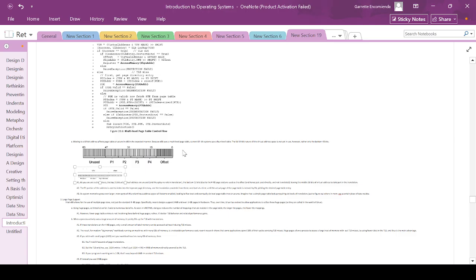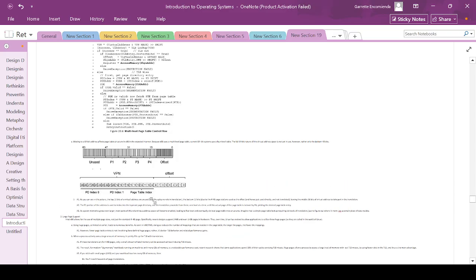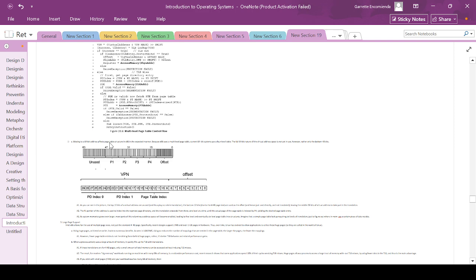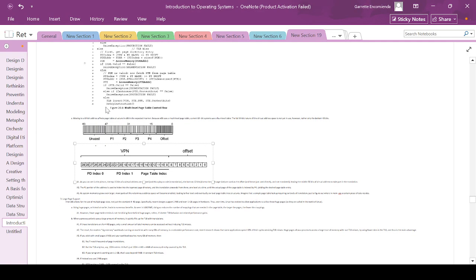Moving to a 64-bit address affects the page table structure in x86 in the expected manner. Because x86 uses a multi-level page table, current 64-bit systems use a 4-level table. The mapping start points differ, but it's the same structure.